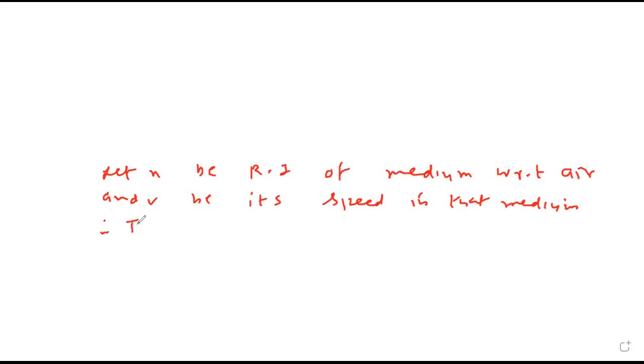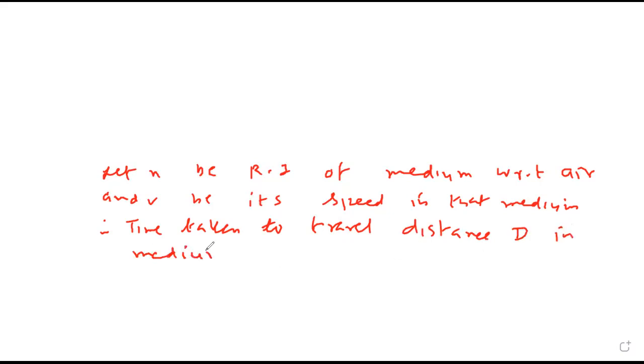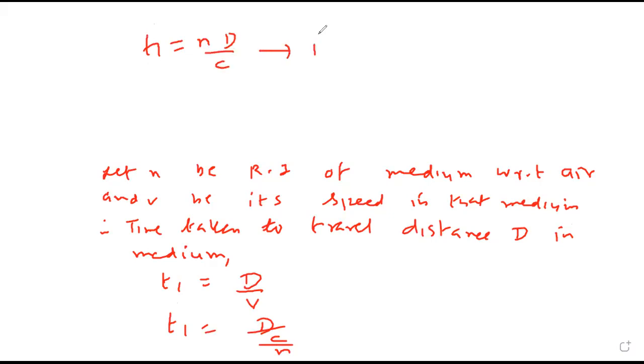Therefore, time taken to travel distance d in the medium, t1, equals distance upon speed. Speed in the medium is v, which is c upon refractive index. Therefore, t1 will be nd upon c. Let this be equation 1. So time taken to cover distance d in the medium is nd upon c.